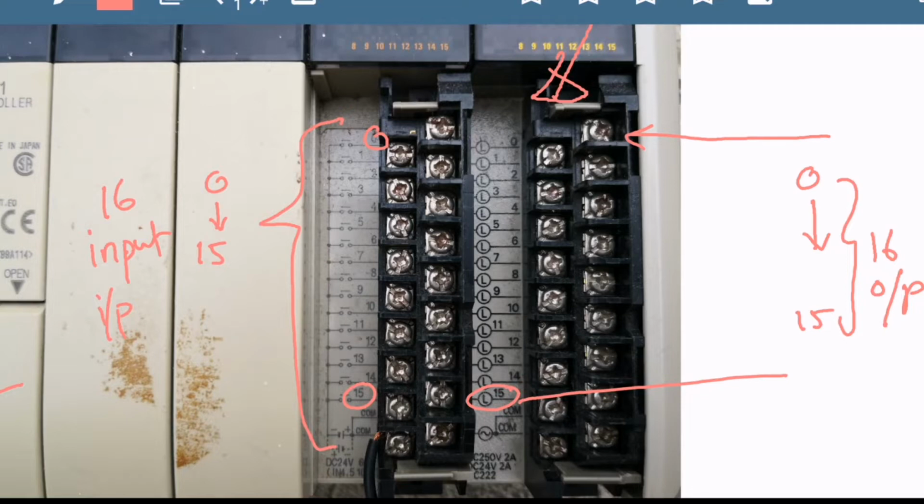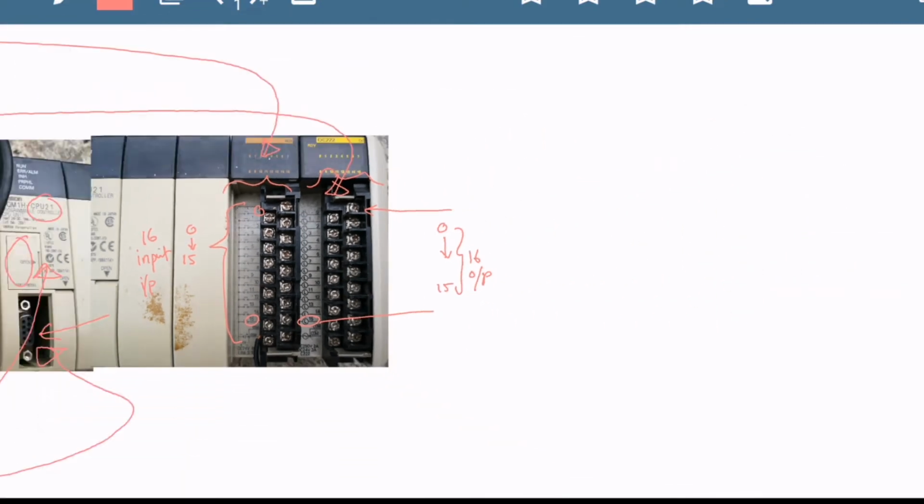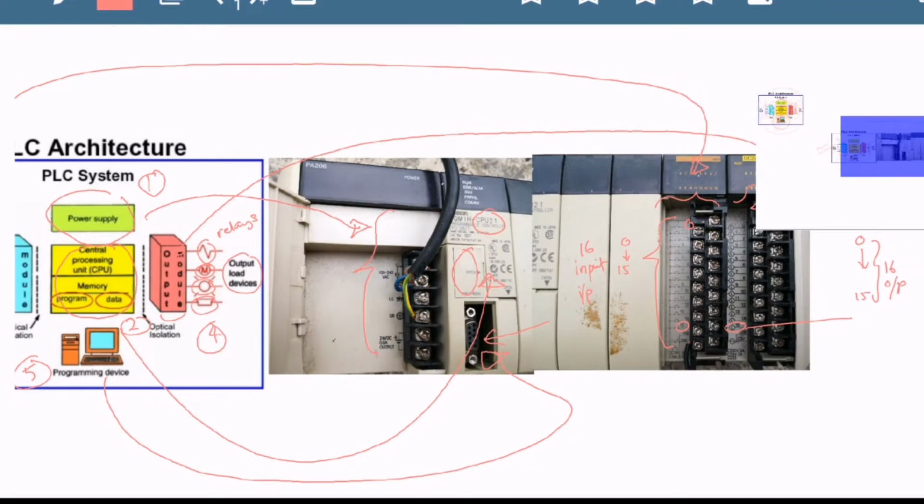So for the CQM1H, we have 16 input and 16 output. Sorry, it's not the module, it is the 16 input terminals and 16 output terminals. This is the module, the input module, the output module. So that is all about the architecture just now.